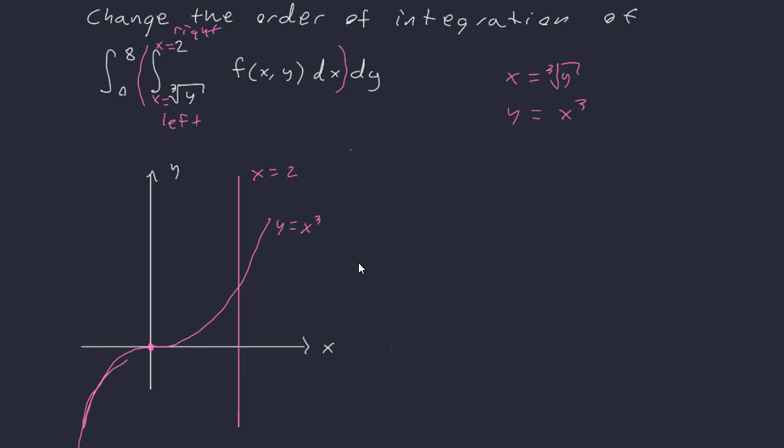And now here's how I also go about isolating it. Then I start looking at the y's. Sorry about that. Next I look at the y's, and y equals 0, that is this horizontal line.